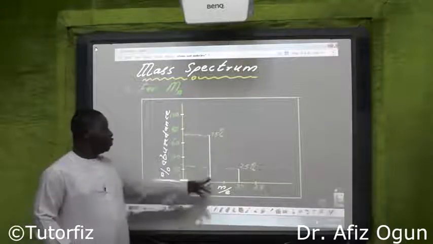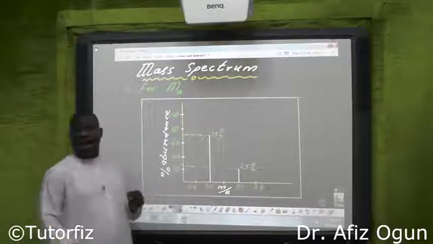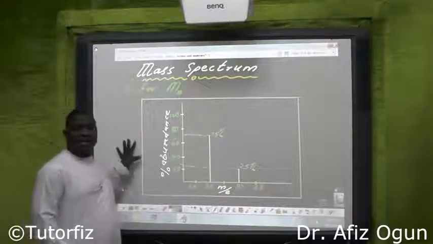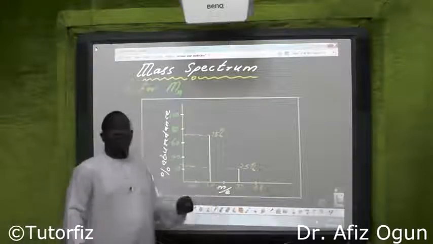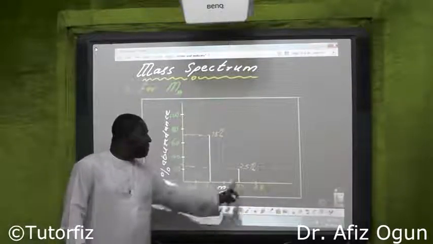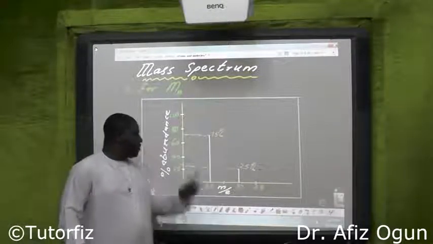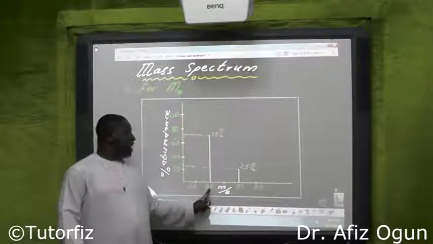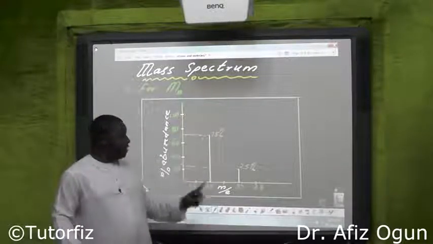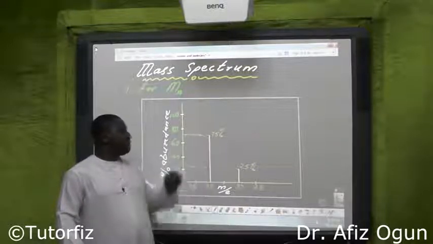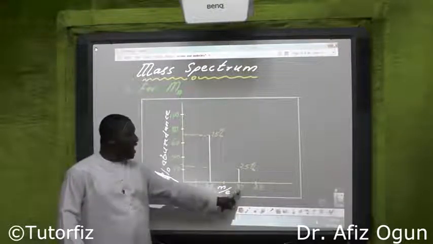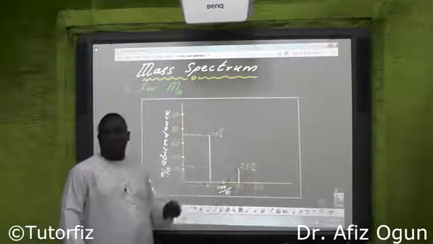This mass spectrum shows us that we have only two isotopes for that element. Mass over charge represents the masses of these isotopes. This is for chlorine: chlorine isotope 35 has 75% abundance, and chlorine isotope 37 has 25%.